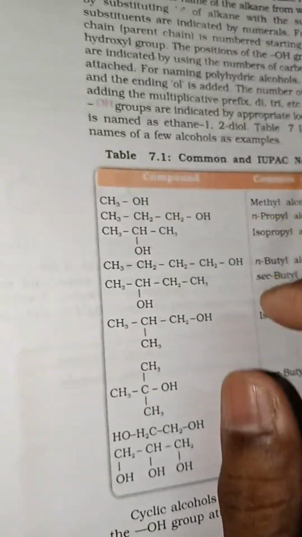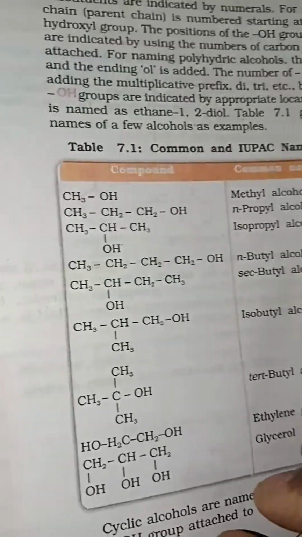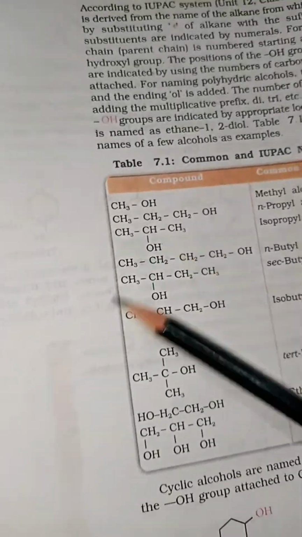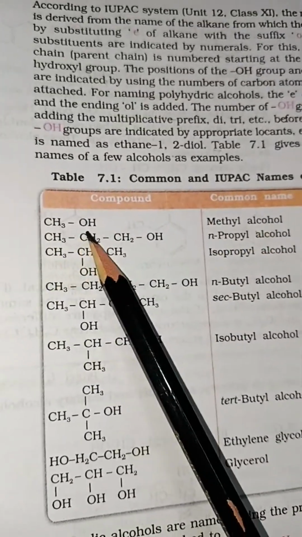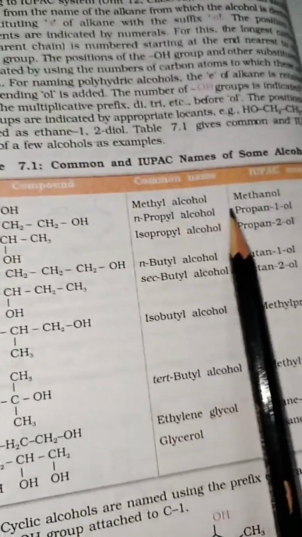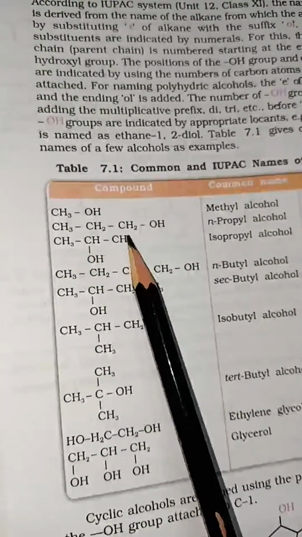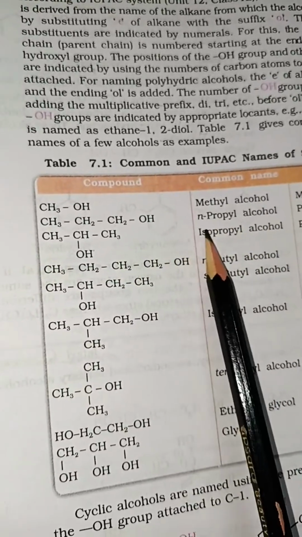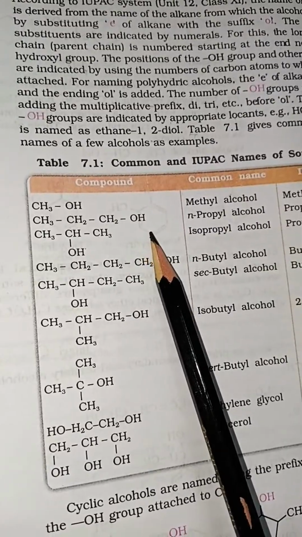In the table given, this is the compound, this is the common name, and this is the IUPAC name. This is methyl alcohol, CH3OH, only one carbon, methanol. And CH3CH2CH2OH is n-propyl alcohol because OH is given.